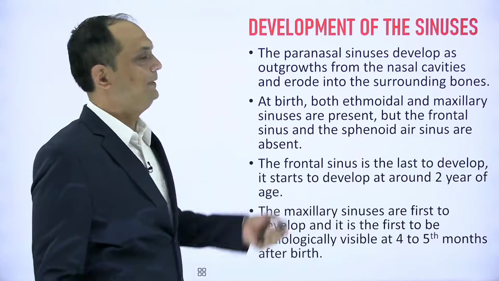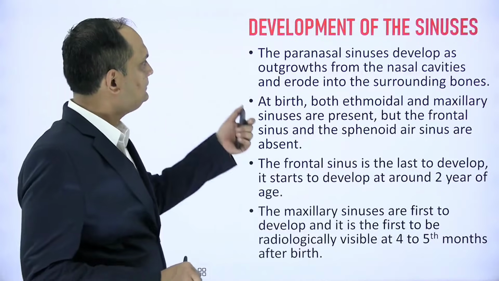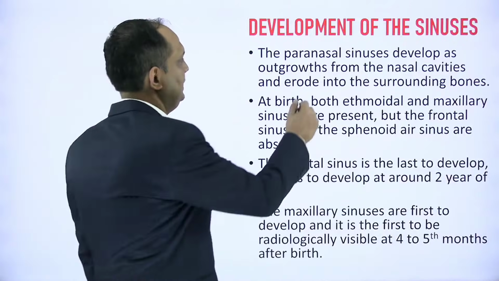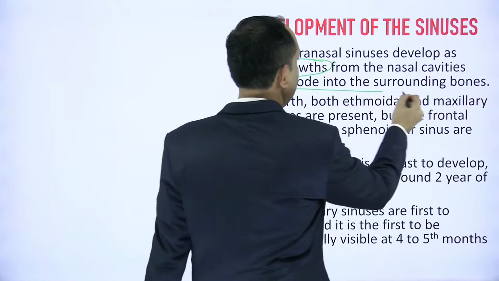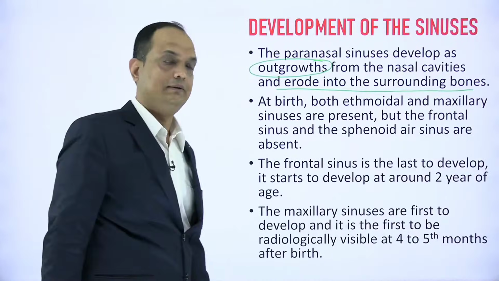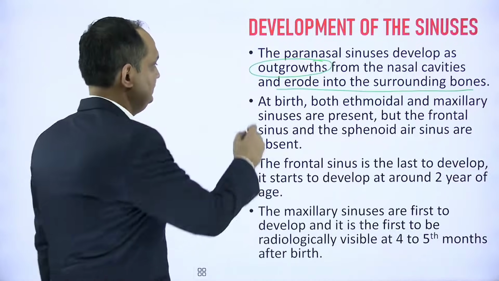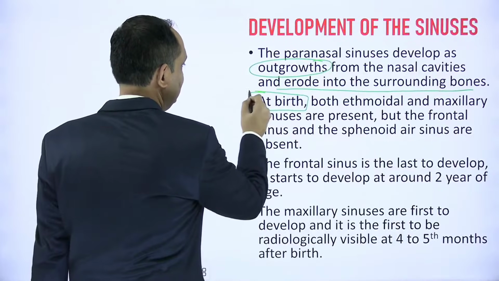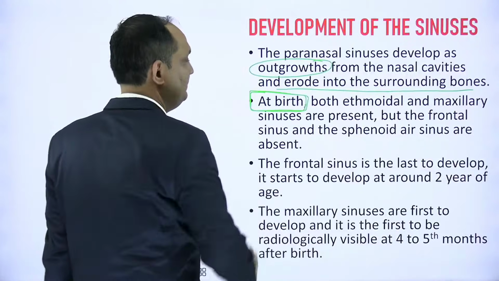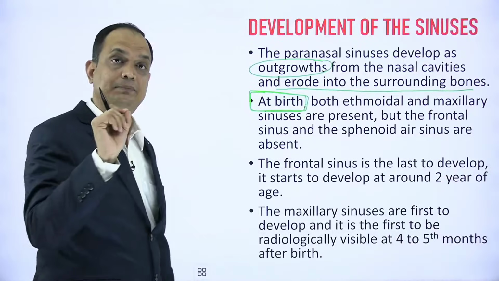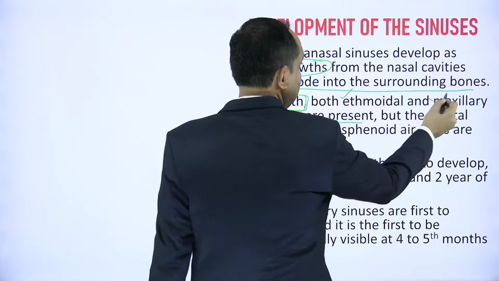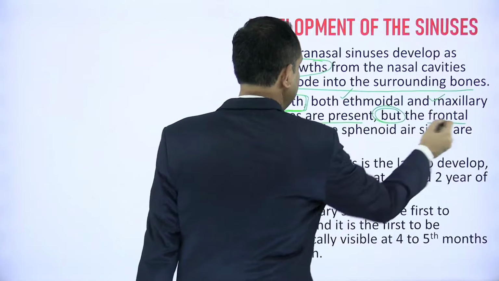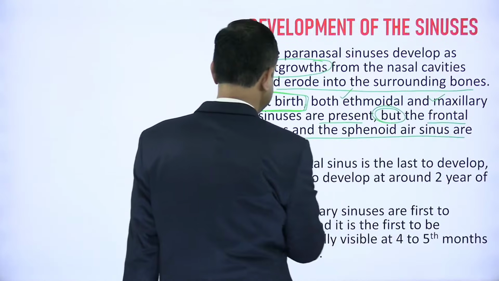Now what is the development of these sinuses? The paranasal sinuses develop as an outgrowth from the nasal cavities and erode into the surrounding bones. Clear? Now this is a question for your exam: at birth, the ethmoidal and maxillary sinuses are present, but the frontal and sphenoid sinuses are absent.